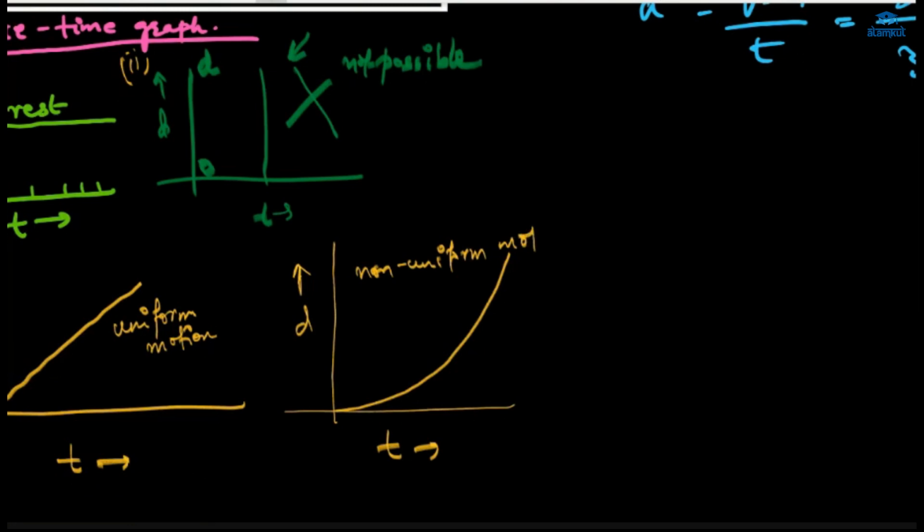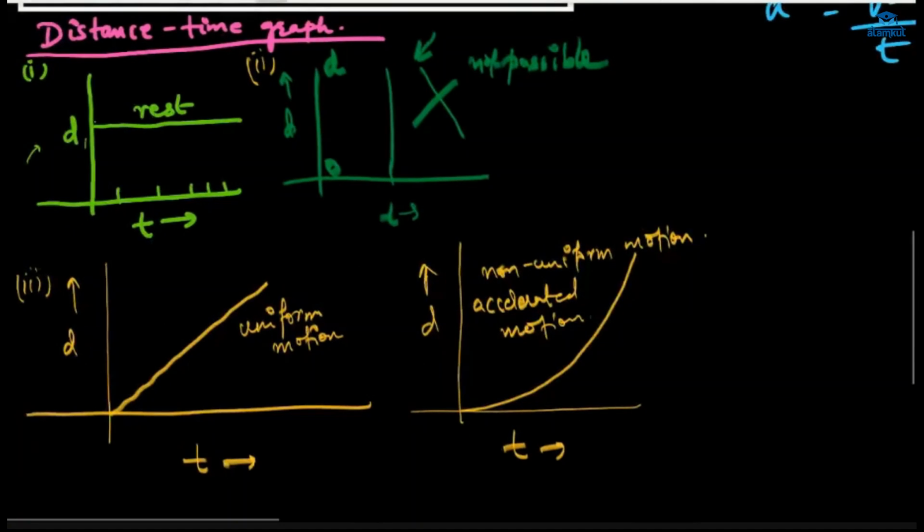Here unequal distances are covered in equal intervals of time. So this will be non-uniform motion and accelerated motion. When the uniformity of any motion gets lost, then acceleration has come.